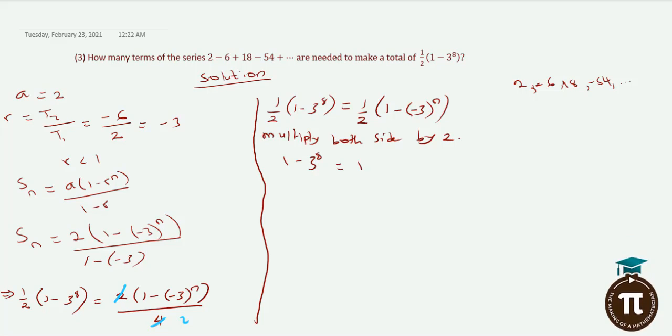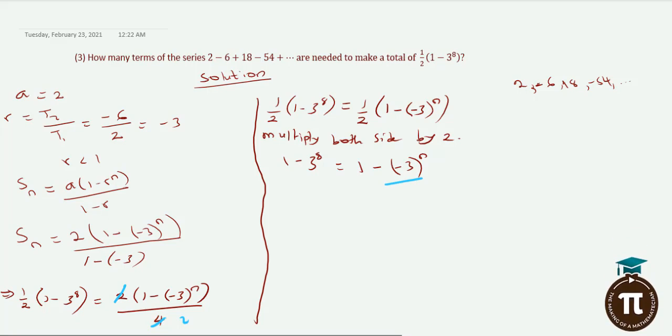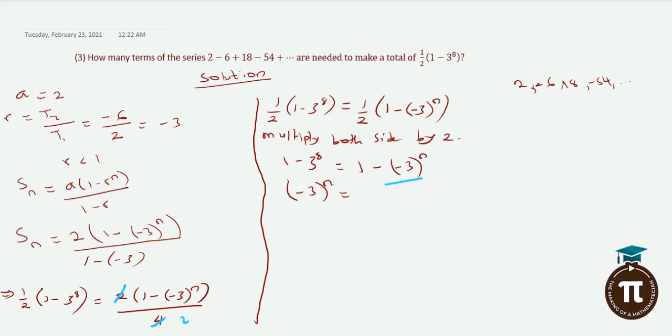I have 1 minus 3 raised to power n. I will transfer this 1 to the left hand side, then transfer the rest to the right hand side. Minus 3 raised to power n to be equal to, 1 is here already, 1. This 1 will come to the other side, becomes minus 1, then plus 3 raised to power 8.